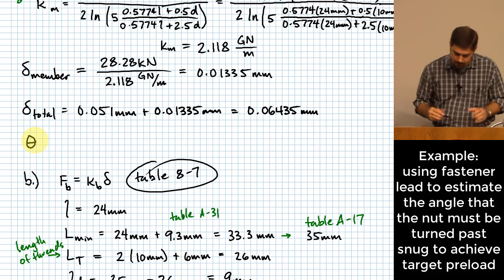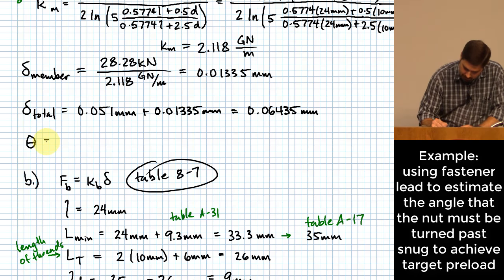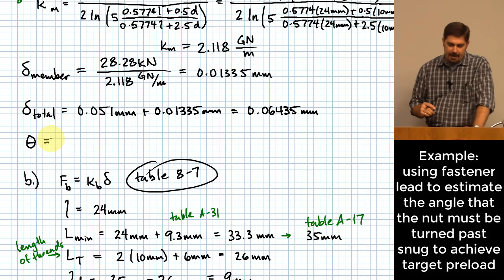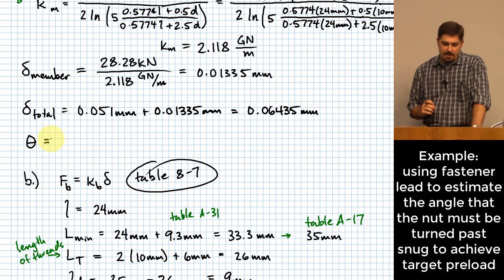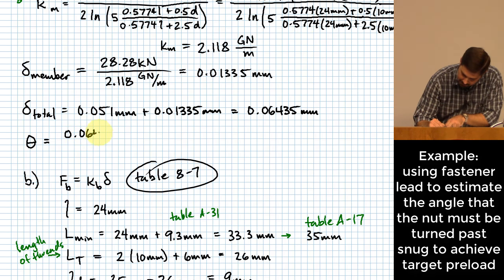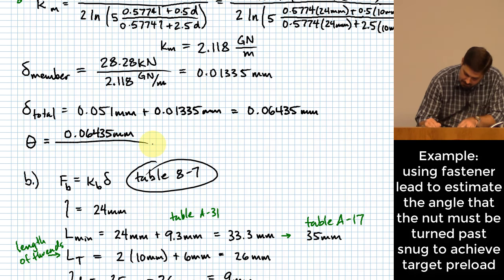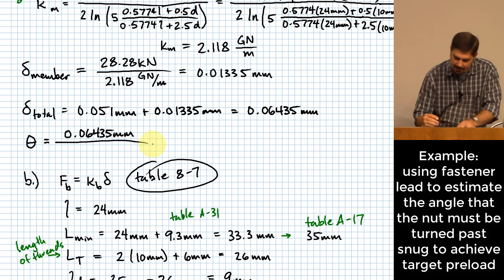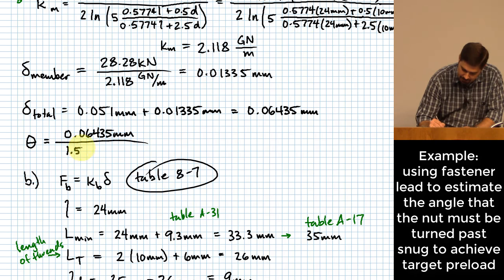Okay. All right, well, if you kind of think of this as being part of the lead, you basically take how far you need it to go, which is 0.06435 millimeters, and you divide this by the lead, which is 1.5 millimeters per turn.